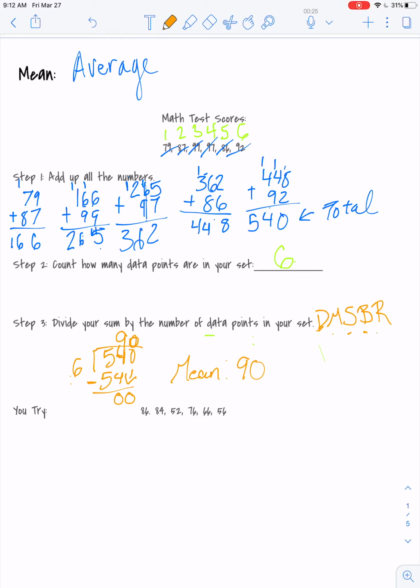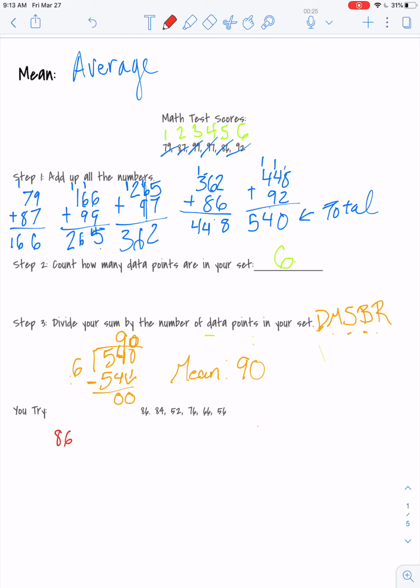Okay, now I want you to try. Take and find the average of these data points. So our first step is to add them together.